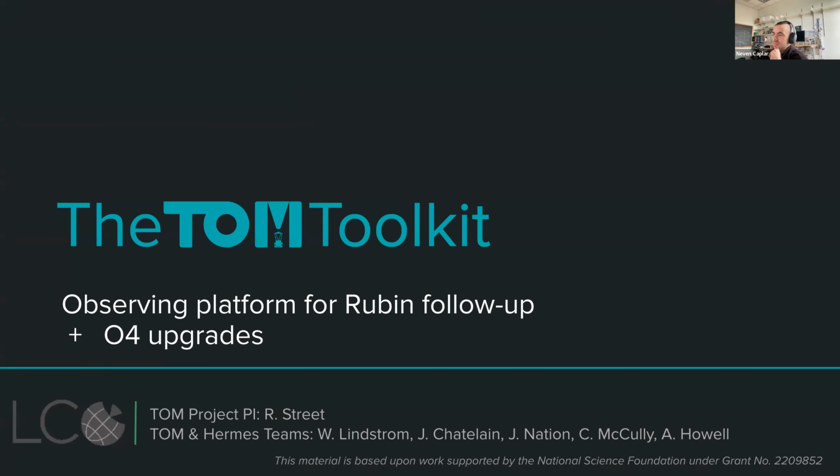Then she joined Las Cumbres Observatory, where she founded the microlensing research group, because she's contributing to the preparation of both the Nancy Grace Roman Space Telescope and the LSST. Until recently, she was also a co-chair of the Transit Variable Science collaboration, and she will tell us about the TOM Toolkit project.